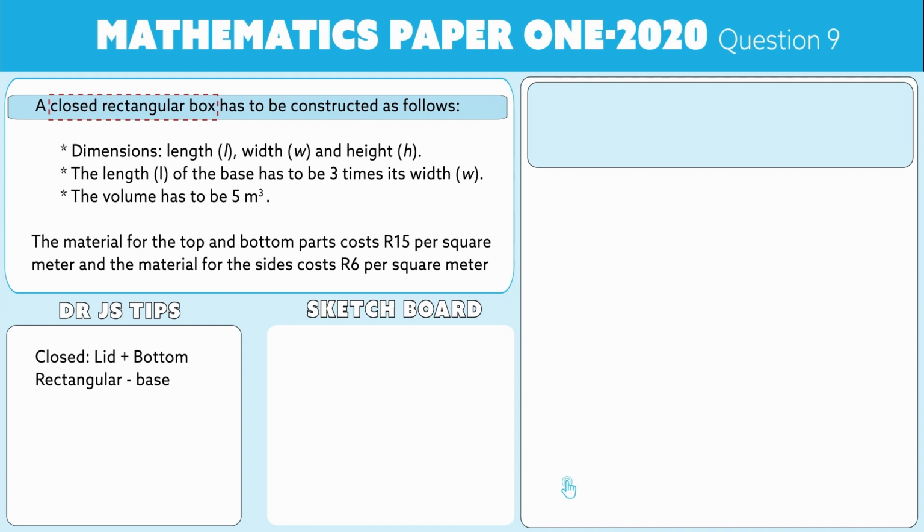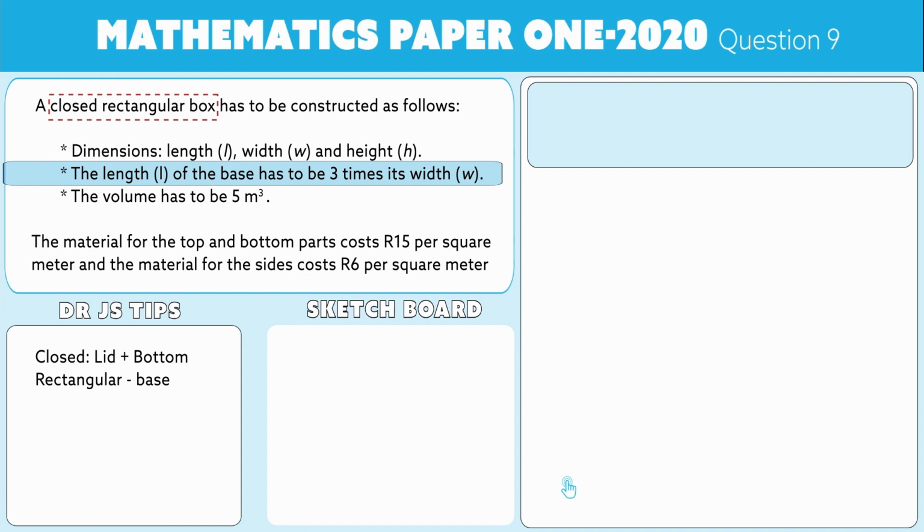Okay, let's read on. So it's a rectangular box constructed as follows. Its dimensions are length, width, and height. They give you that the length L of the base has to be 3 times the width.